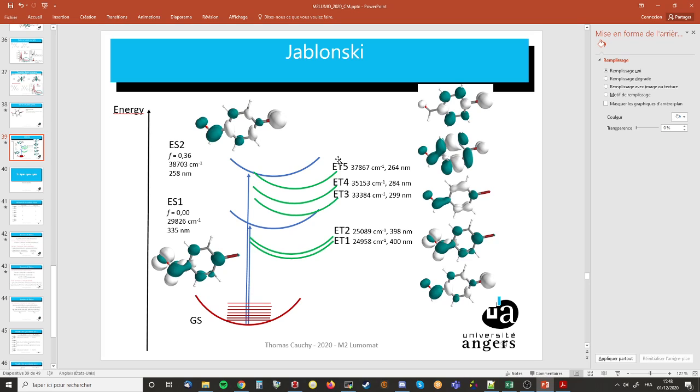That means that, you see, ET5 electronically does not match with ES2. So when you have intersystem crossing, you need not only to have a vibronic coupling, but you need to have an electronic match, and you need to look at the excited electron.